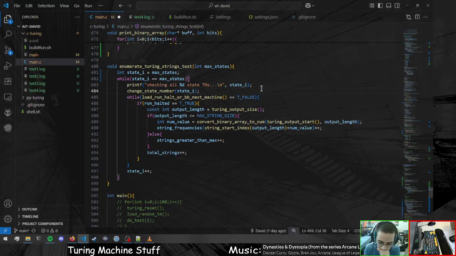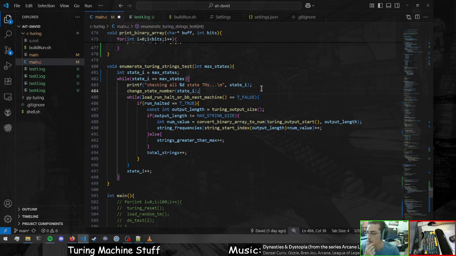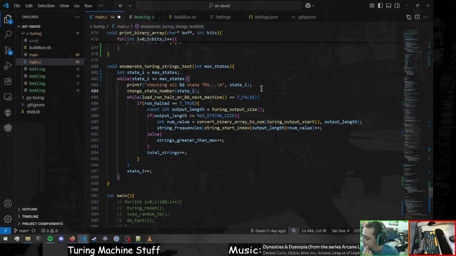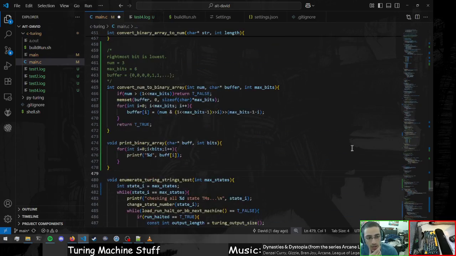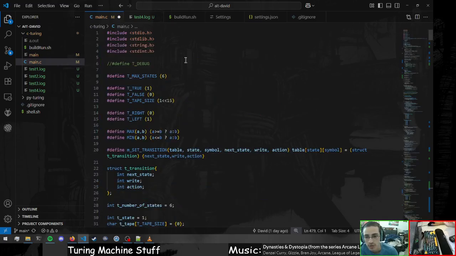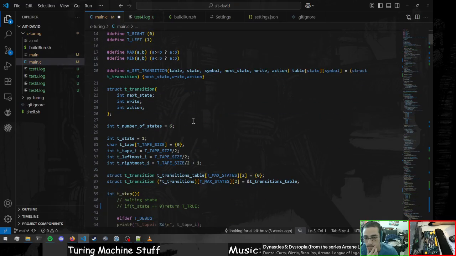I'm just trying to figure out what to do with the code, because this code only works for 2 symbols. It only assumes 2 symbols. I mean, it assumes 2 symbols among other things, right?